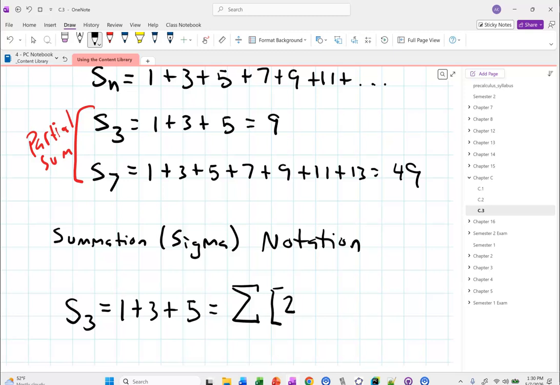So that was 2, and I'm going to use the letter K here just so that I don't abuse this letter N. K minus 1. So that's telling us what the sequence is that we're going to be adding up. And then below, we're going to write the term that we start our addition with. So we're going to write K equals, and because we started by adding the first term, we'll say 1. And we end with the third term, so on top we're going to write 3.